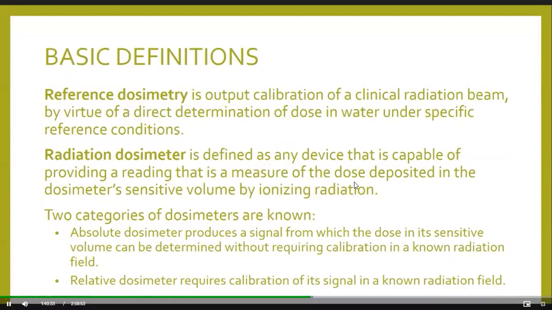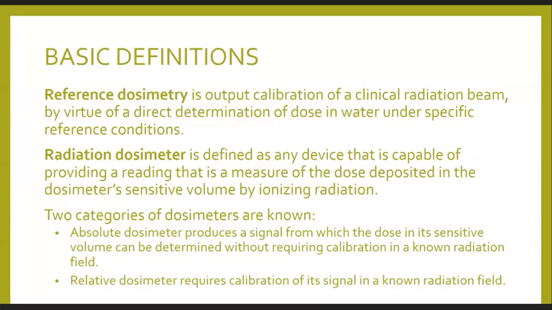So we have 2 main categories of dosimeters. The first one is the absolute dosimeter that produces a signal from which the dose in its sensitive volume can be determined without requiring calibration in a known field. For example, we have the calorimeter and Fricke dosimeter, free air ion chamber.